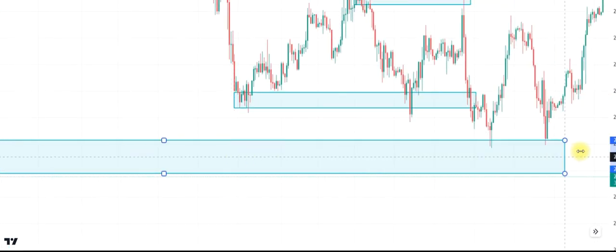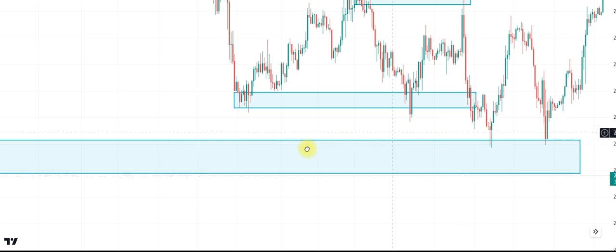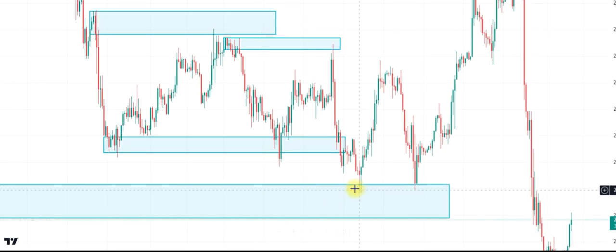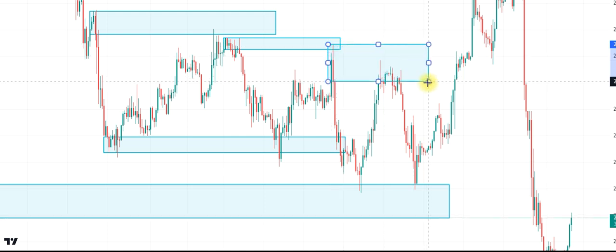Then we will find that this is why the market is getting demand from this area and push-ups. As the market was rejected from here, it found a new demand and supply zone, so we have to mark it. So this is the market's new demand and supply zone.